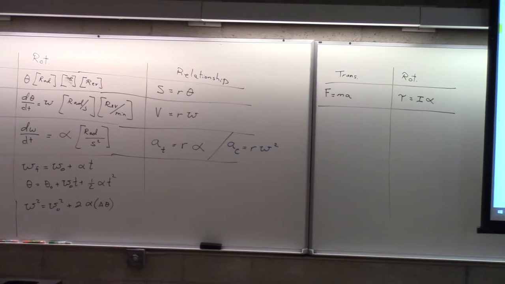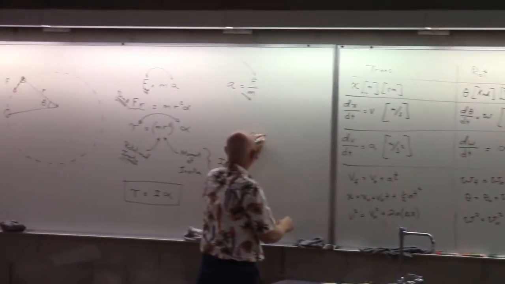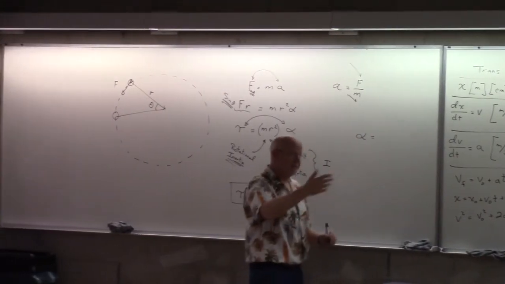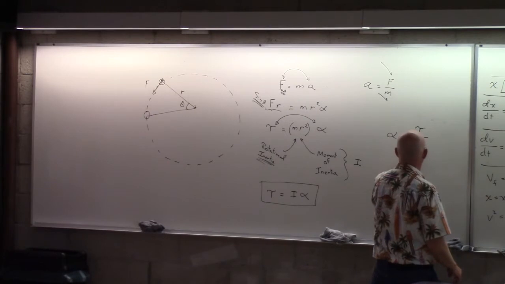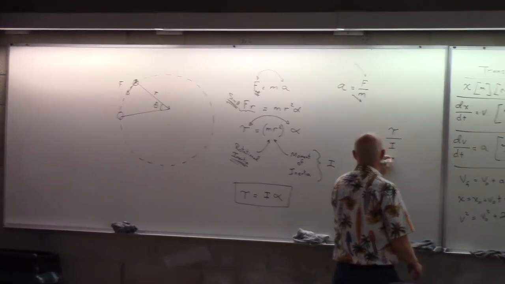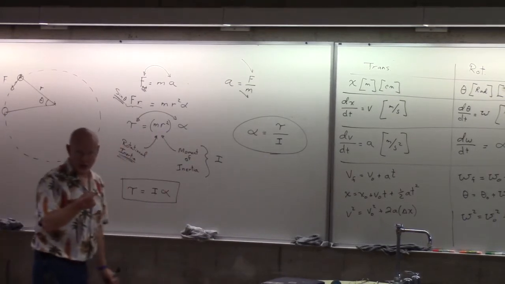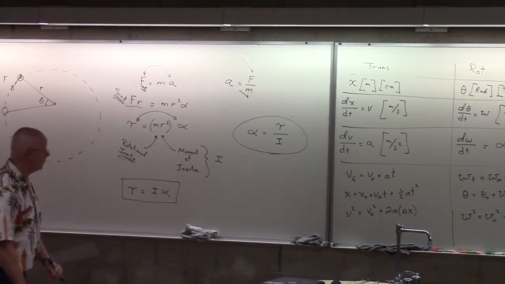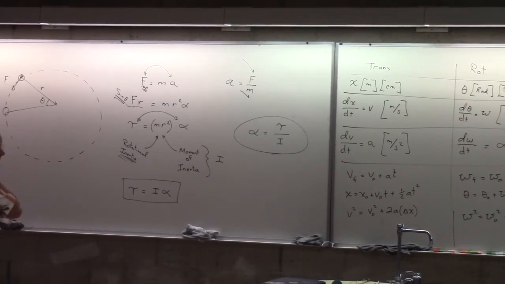In fact, let me write this equation like I did here. I would say the angular acceleration depends upon how much torque and how much rotational inertia or moment of inertia does this object have.